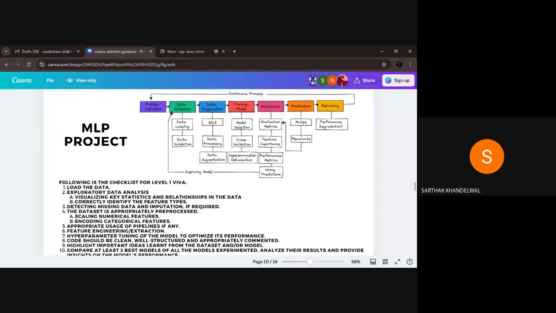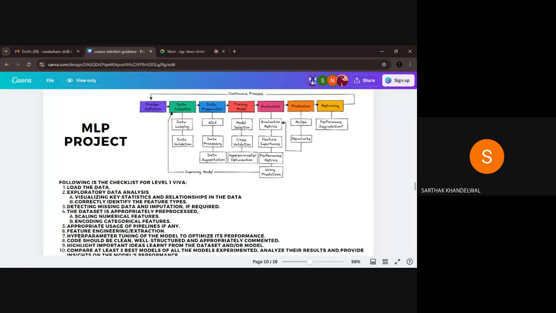There would be a predictive model that you have to make throughout the project, which will make predictions on the unknown unseen data set, called the test data set. And for training purposes, you will be given a training data set. So this is what the MLP project is all about.